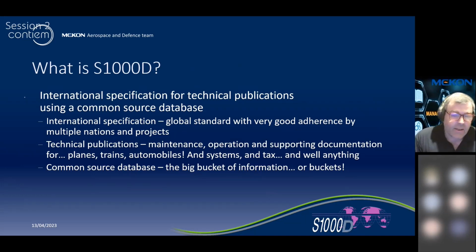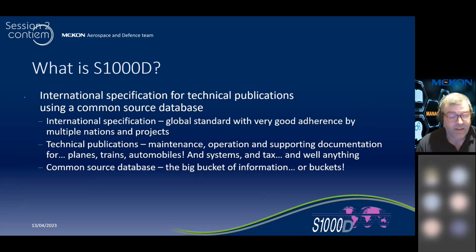Technical publications, that's what this is all about, whether that's maintenance manuals, operation manuals, or maybe some of the supporting material like illustrated parts lists, wiring diagrams, wiring schedules. And yes, it started life in aerospace. It actually came out of Europe in the 80s when they were building the Tornado aircraft, and various European manufacturers were working together in a consortium and realized they needed a way to exchange information.